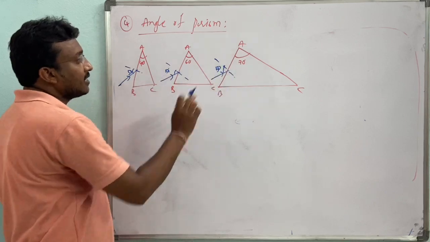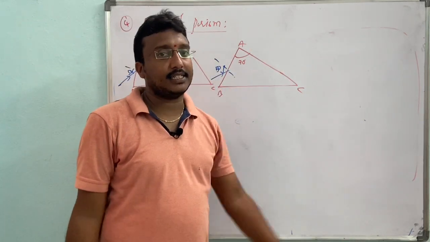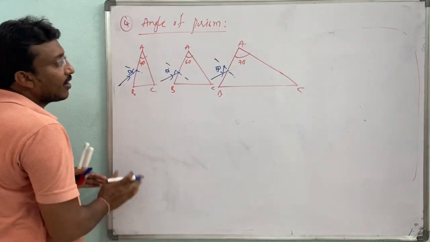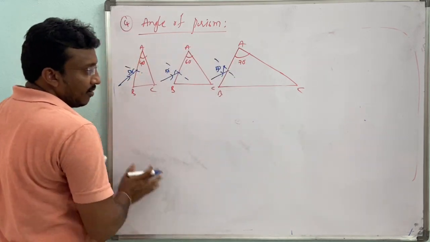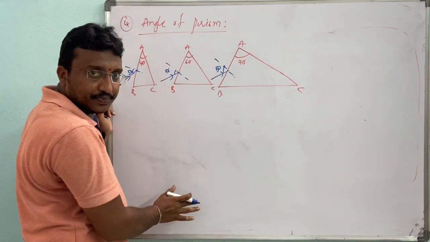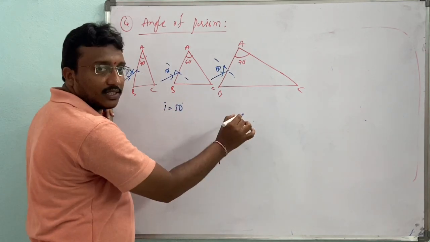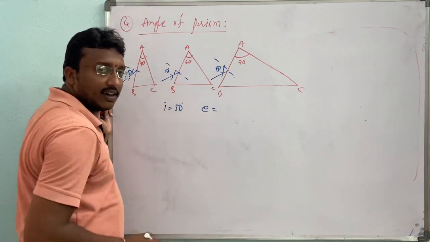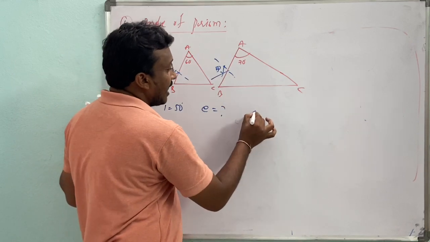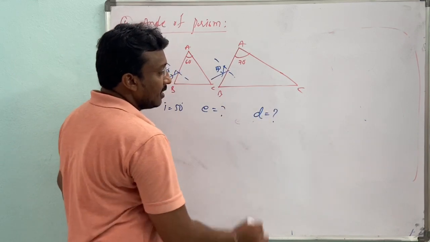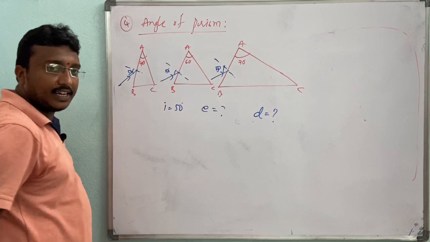In all three cases, I have taken the same incident angle. Then finally, after completing this procedure, you will observe the angle of incidence is 50 in all cases. Then find out the angle of emergence and the angle of deviation.